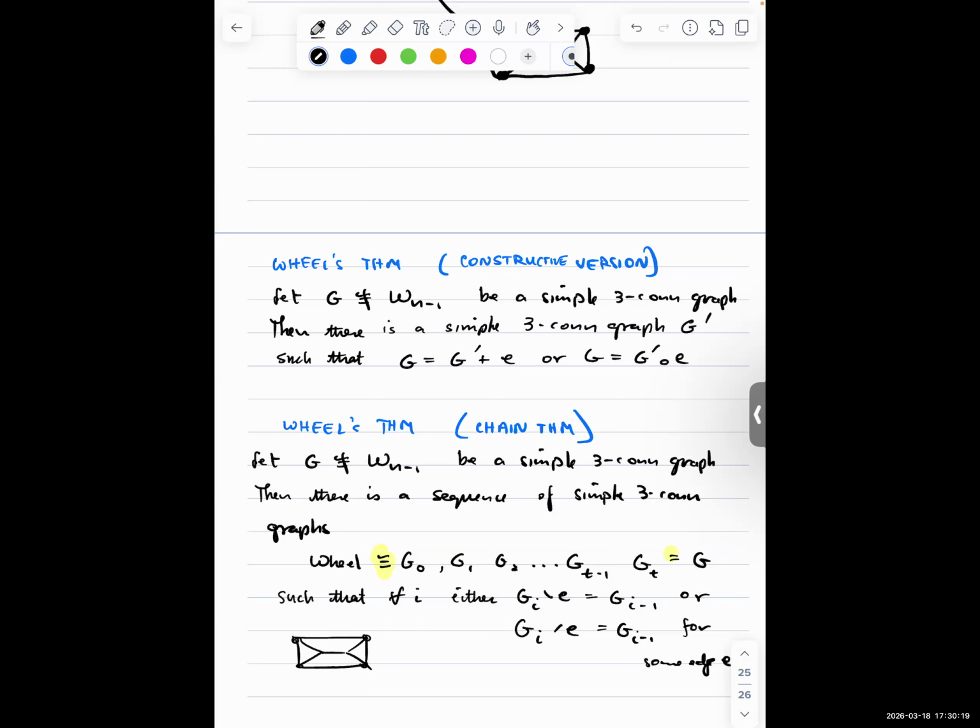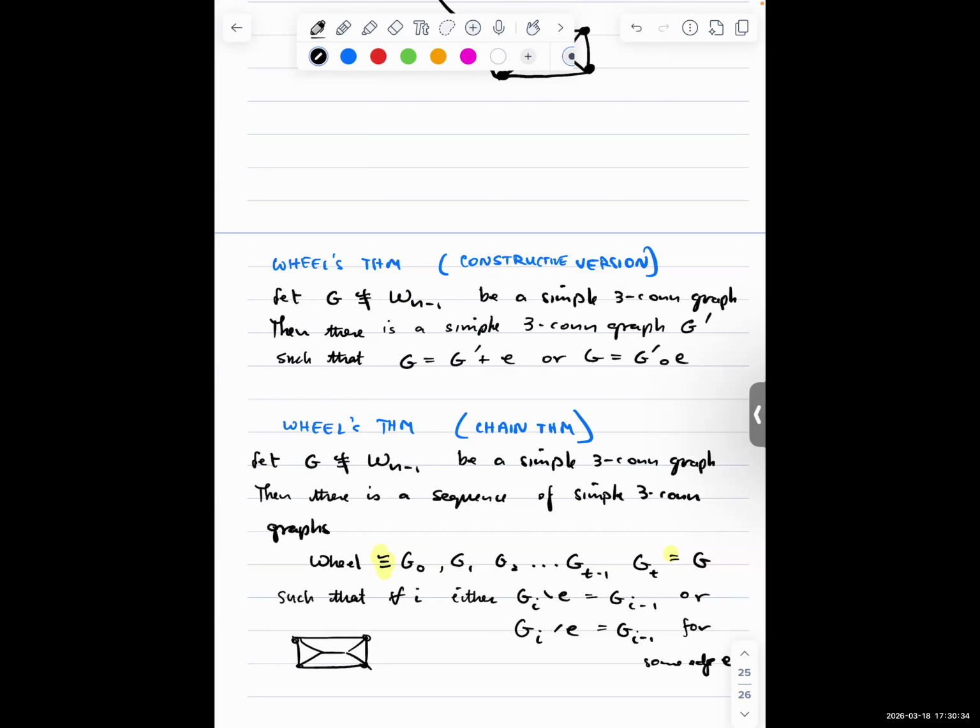So if you have G, then there'll be some graph here such that you can get up to G by adding an edge or splitting a vertex. And that's how you grow your excluded minor classes.